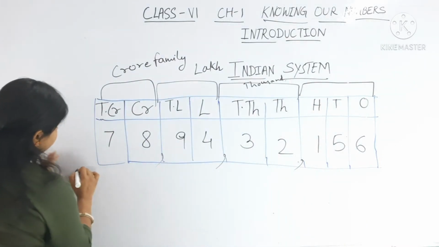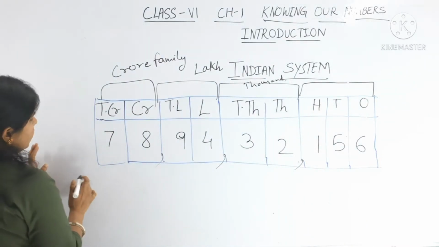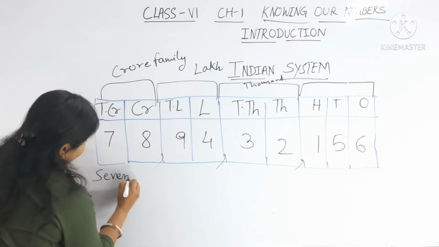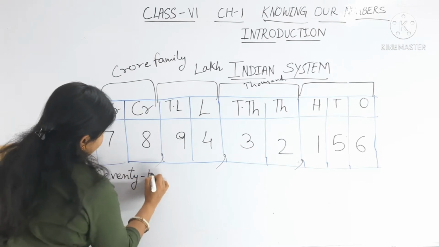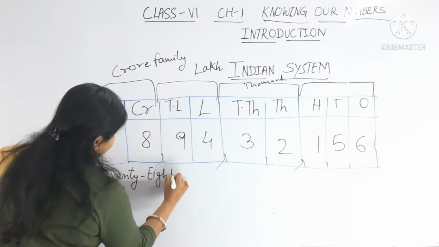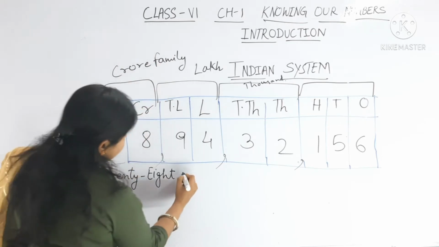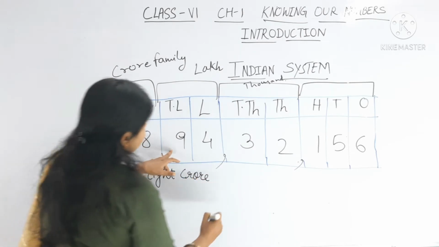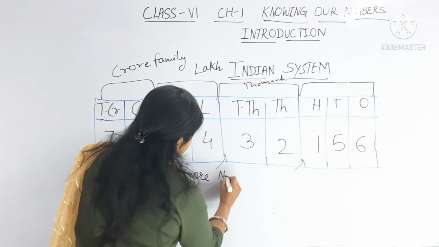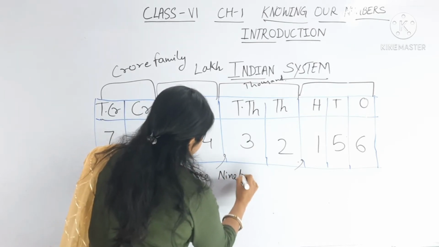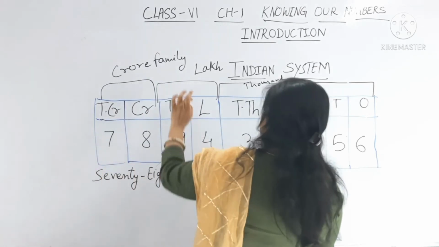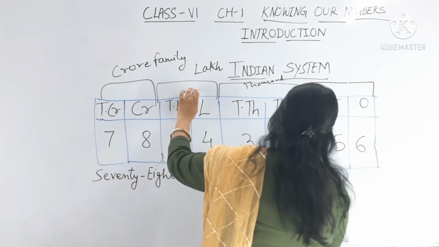So how will you write it in number names? 78 crore, 94 lakhs. This is in the lakh family.